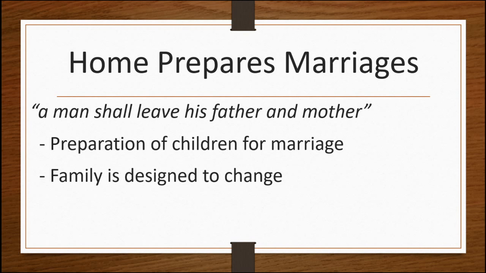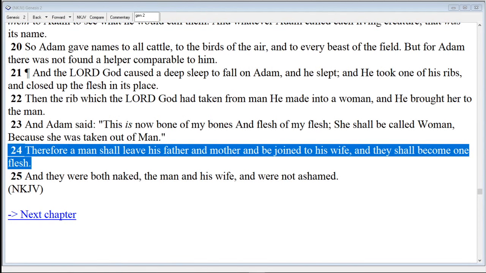And yet what we're supposed to see is that when God gave us that command there in Genesis chapter 2, he was talking about how the family was a part of this process. The family, it infers, or you could say it leads us to conclude, the family is the thing that prepares a man or a woman for marriage.